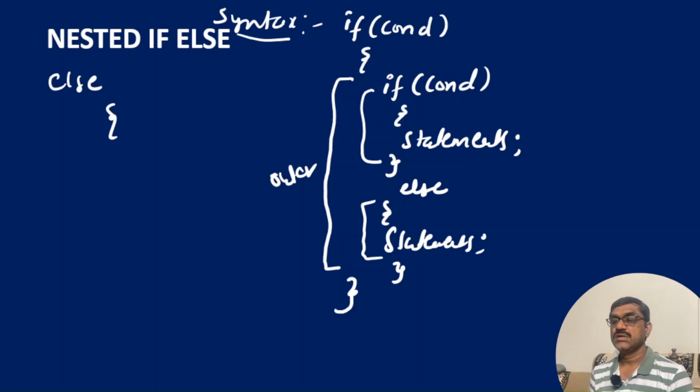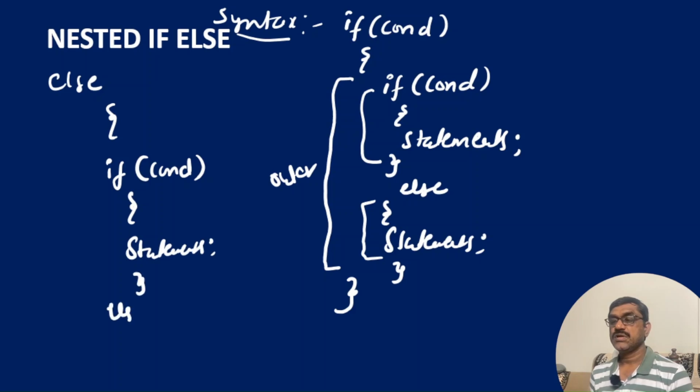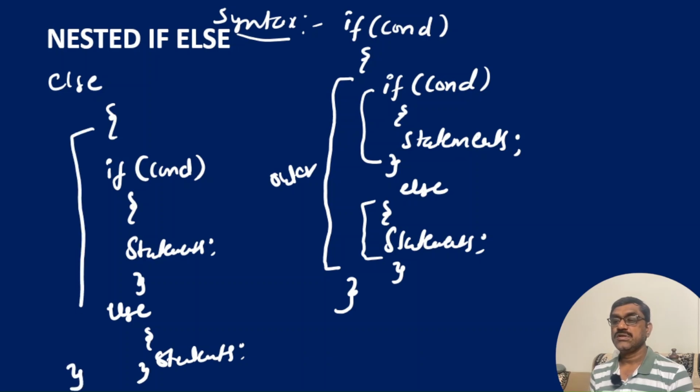Within this else, again we have if condition, statements, closing brace, else part, again statements, closing brace, and this is the closing brace for outer else. Within the outer else, we have again if as well as else.